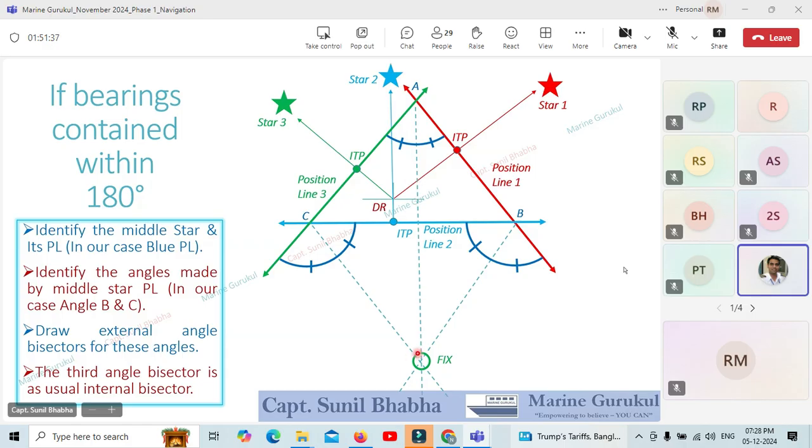But in this particular case, where the bearings are contained within 180 degrees, the fix of the ship will be outside the cocked hat or outside the triangle, and it will always be towards the direction of the middle position line. Our middle position line was the blue PL. So you will see the fix will always be on the side outside the triangle towards the side of the middle PL, middle position line.